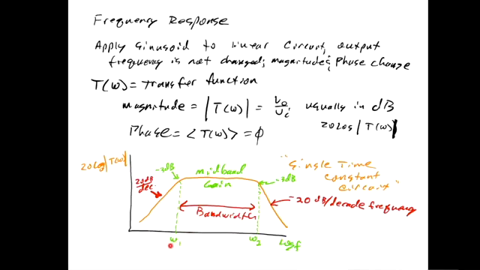As I mentioned before, if this frequency is 100 hertz and this is 1 megahertz, then 1 megahertz minus 100 hertz is still 1 megahertz. And so often we just call the bandwidth the upper frequency. If this is 100 megahertz, then we just say the bandwidth is 100 megahertz. We don't have to subtract 100 hertz from it.